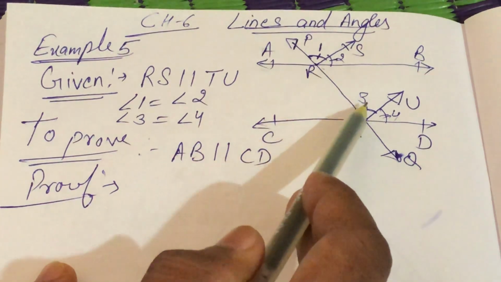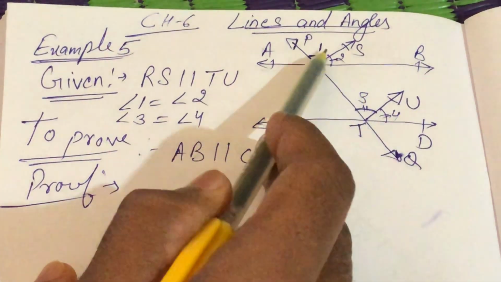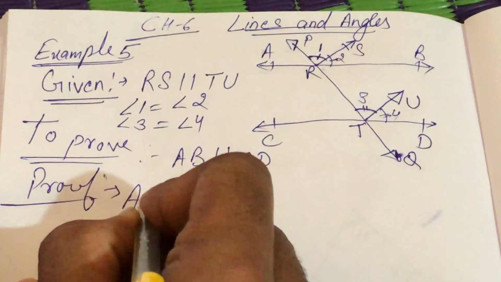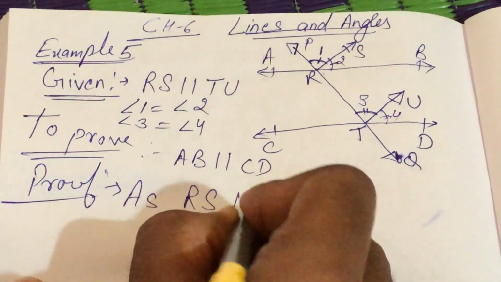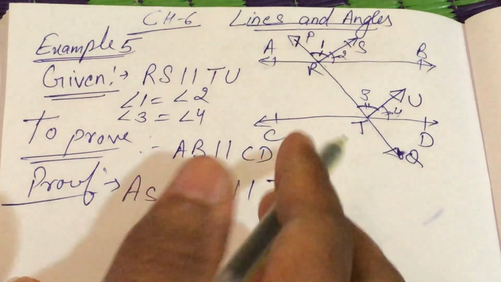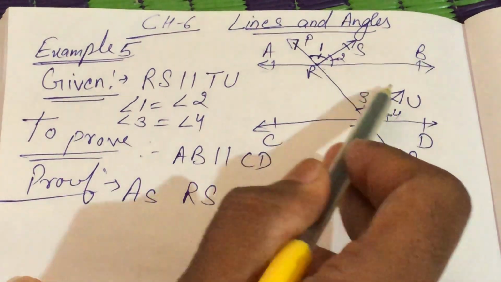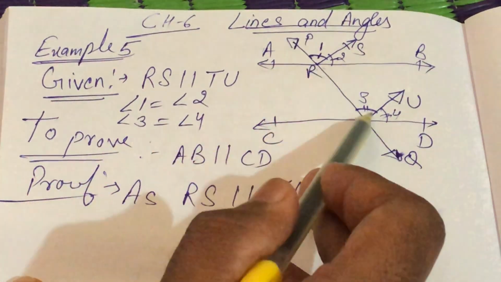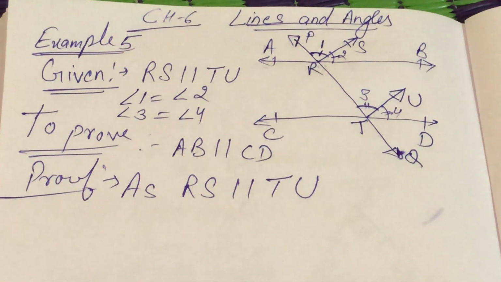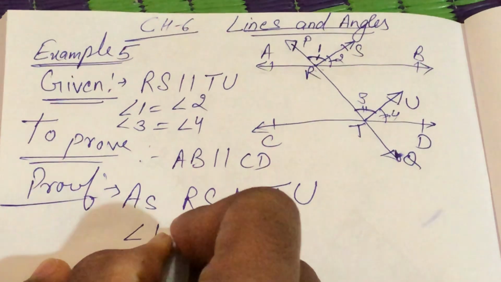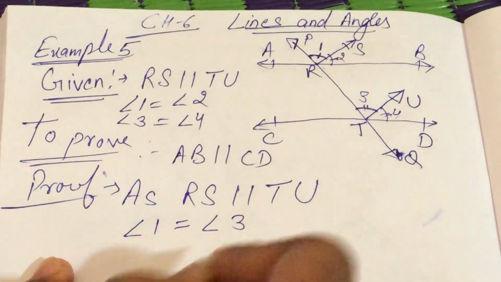That means angle 1 and angle 3 are equal, as RS is parallel to TU. Because RS is parallel to TU, this angle 1 and this angle 3 are equal. Why? Corresponding angles. Angle 1 equals angle 3.